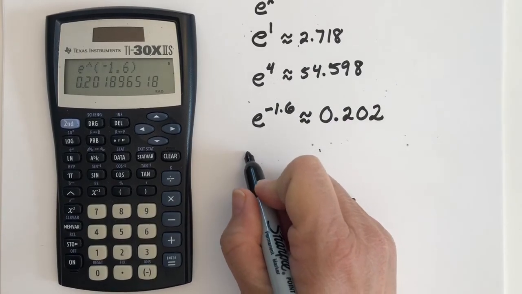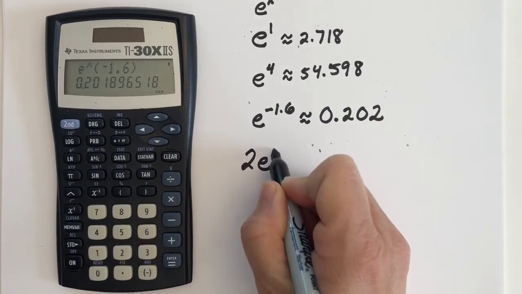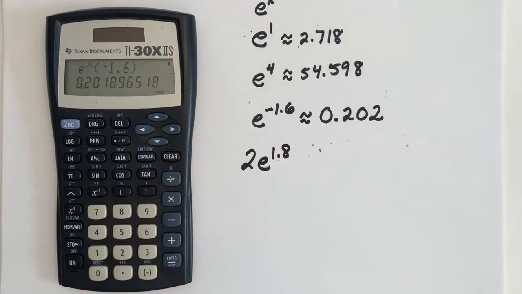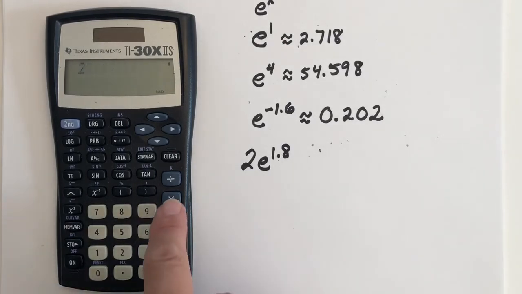Let's do another one. How about 2e to the 1.8 power? These kinds of expressions pop up frequently when you're working with e in applied problems. So I'm going to start with my 2. And as you saw in a previous problem, I don't have to push the multiplication sign.